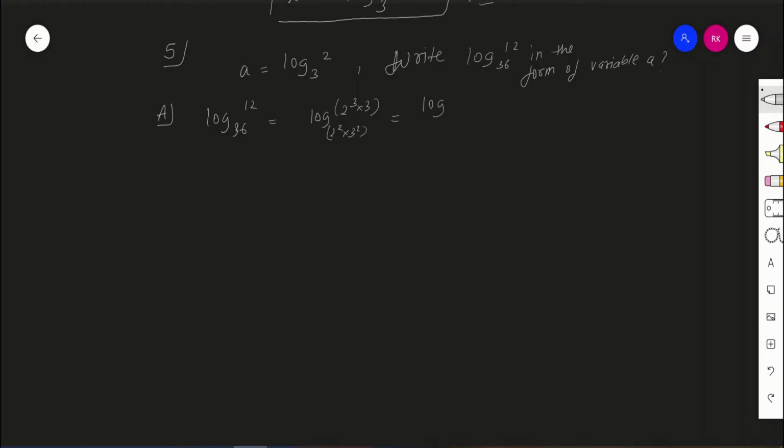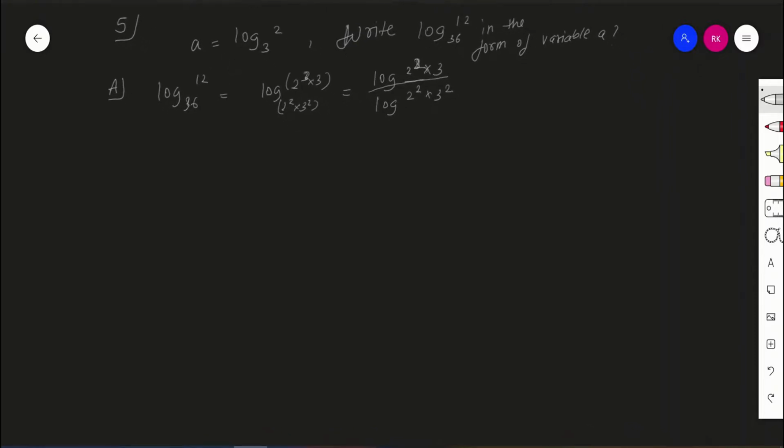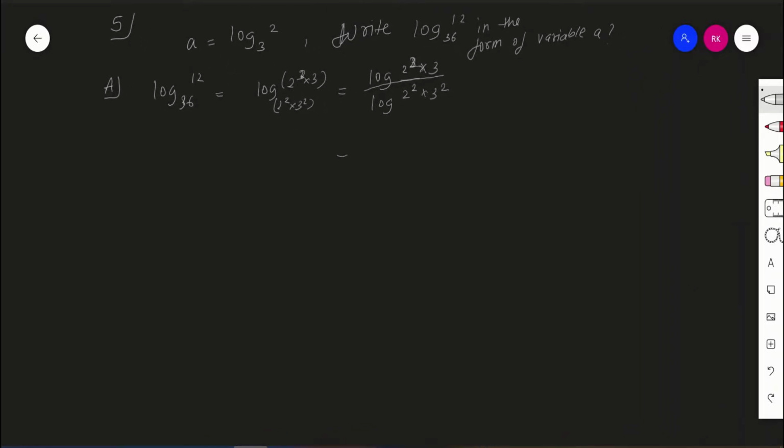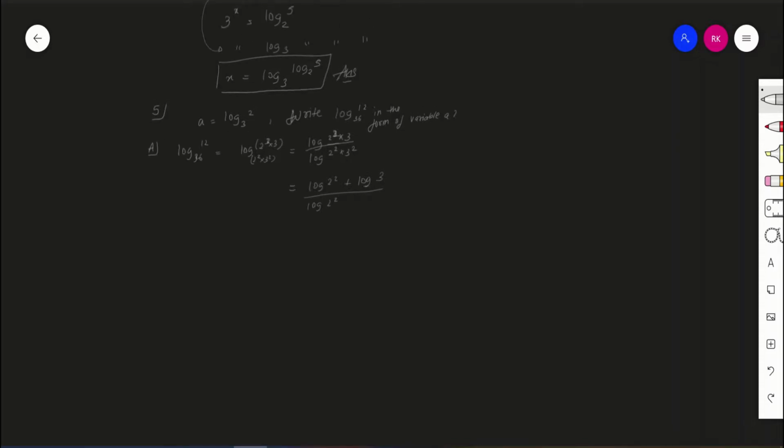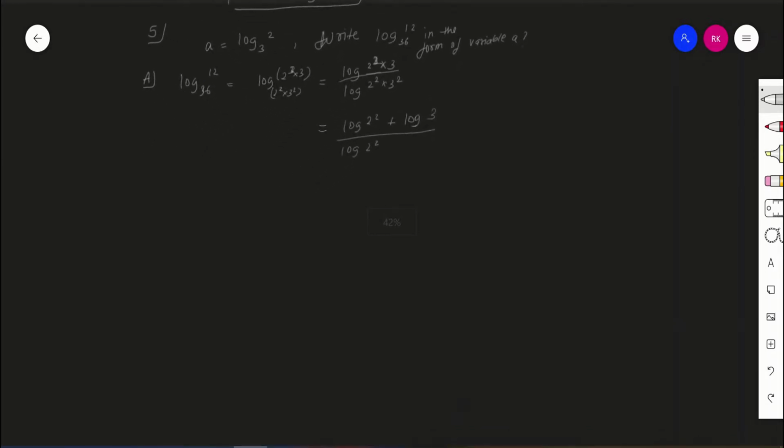I can write it as log of 2 square into 3 upon log of 2 square into 3 square, and I can write this as log 2 square plus log 3 upon log 2 square plus log of 3 square.